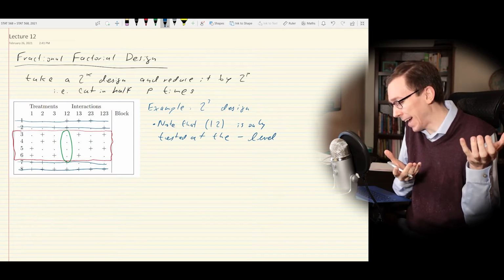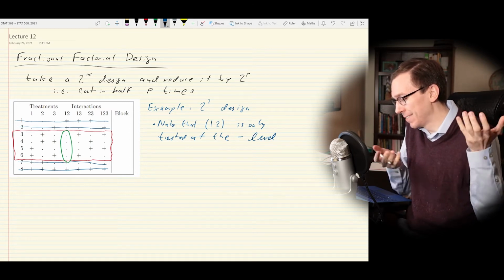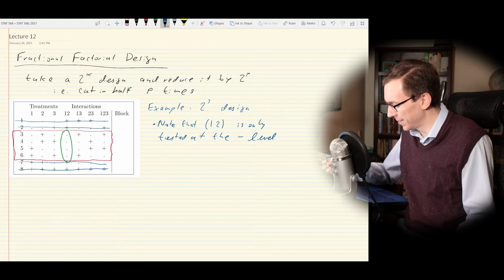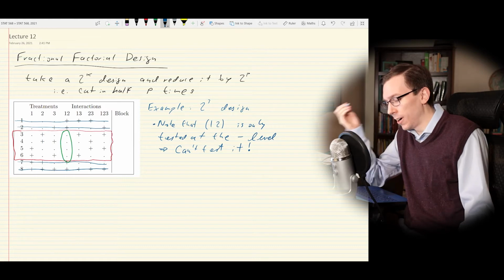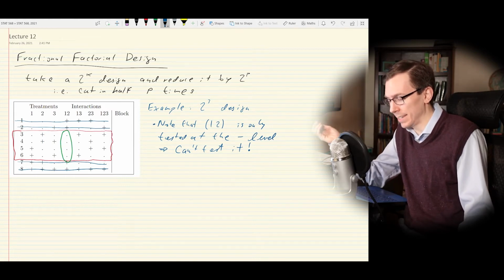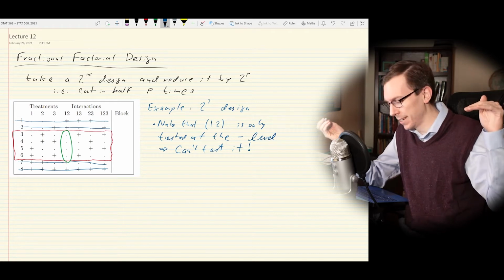Right now I only have minuses, I don't have any pluses, so I can't test this. So we just lost one thing. We can no longer test the interaction between 1 and 2 by destroying rows 1, 2, and 7, 8.